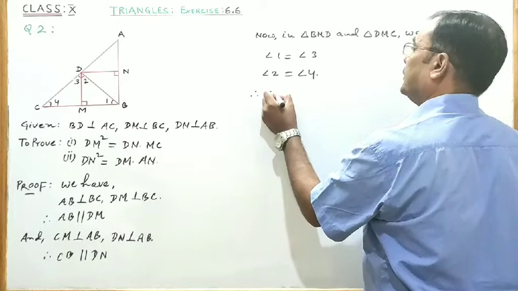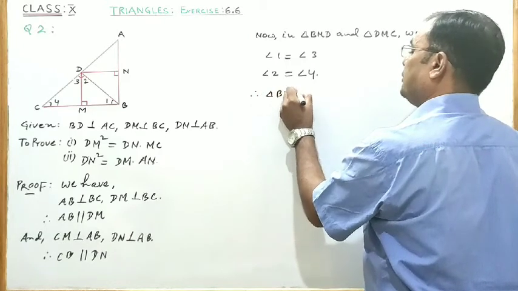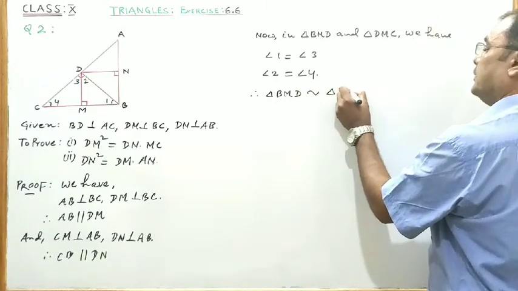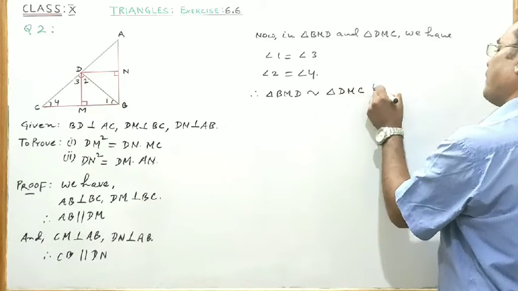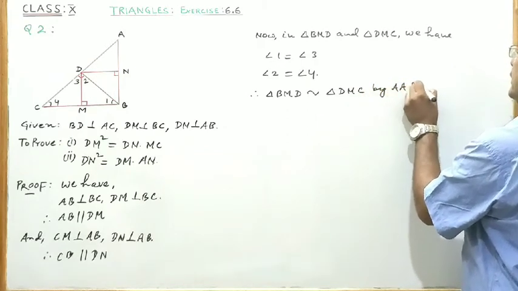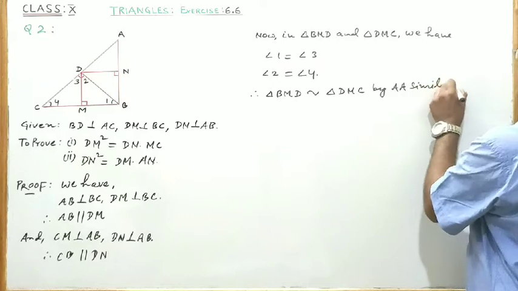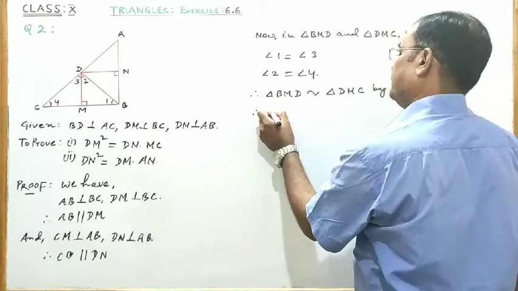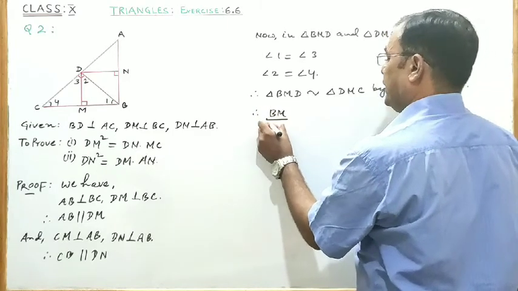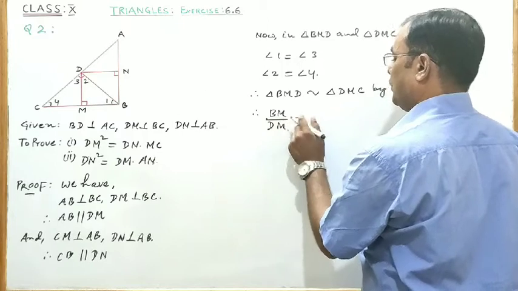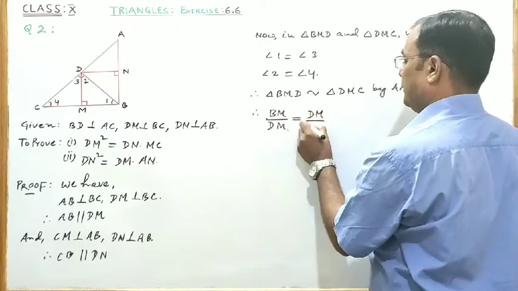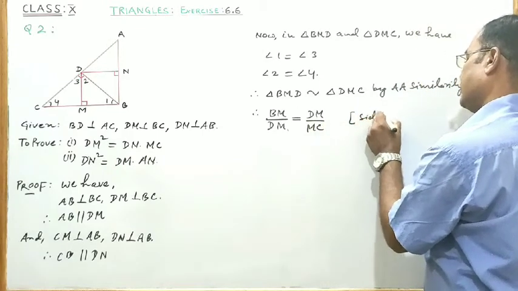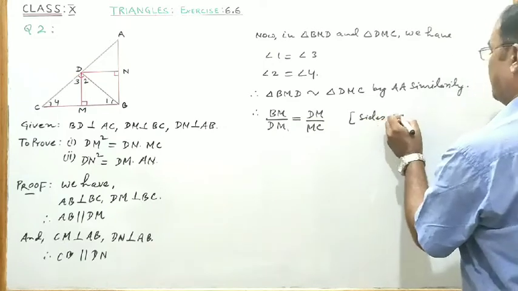Therefore, triangle BMD is similar to triangle DMC by angle similarity. Therefore, BM by DM is equal to DM by MC. Sides of similar triangles are proportional.